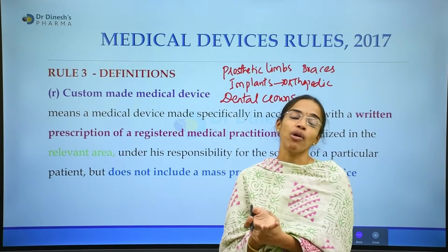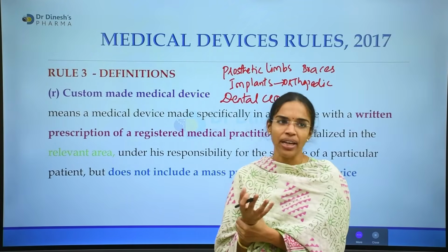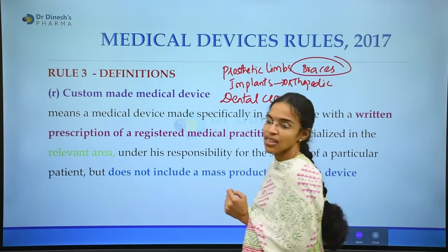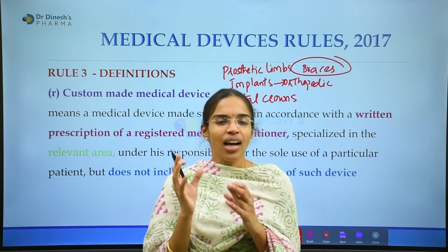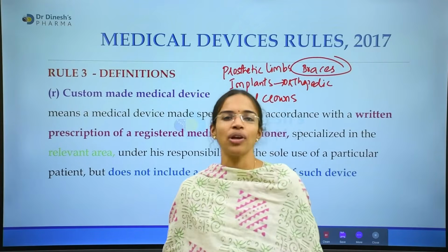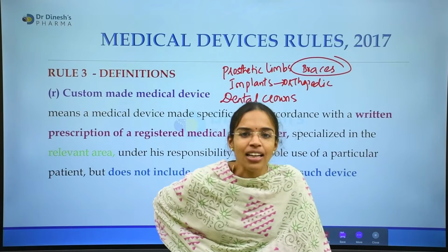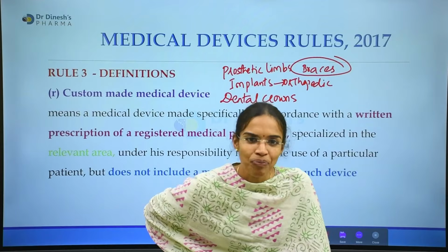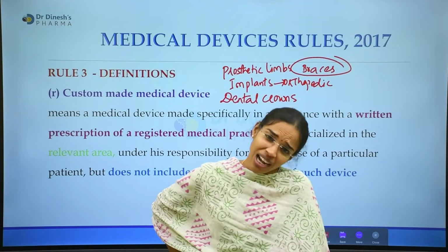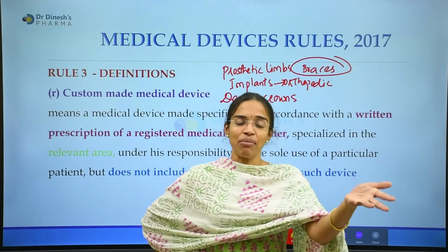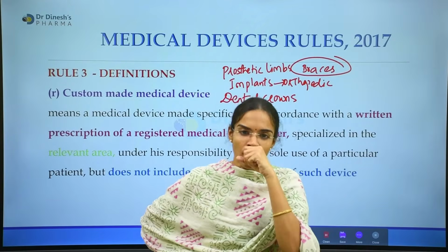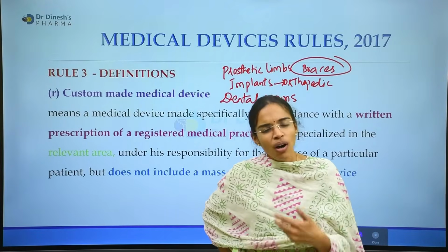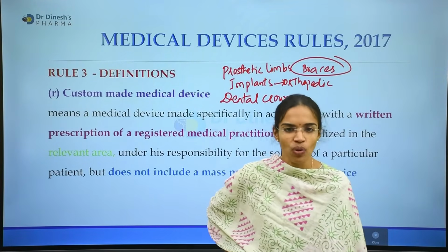One of the most probable questions we may get: sometimes the questions are like, according to MDR 2017, braces or dental crowns are categorized under which of these: active therapeutic medical device, active diagnostic medical device, custom made medical device, or any other medical device.